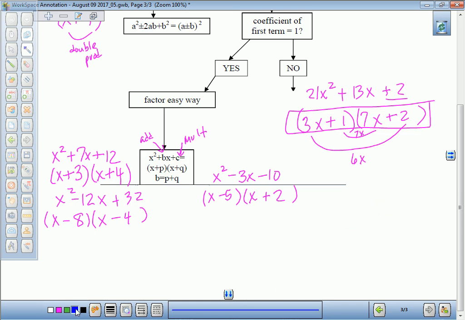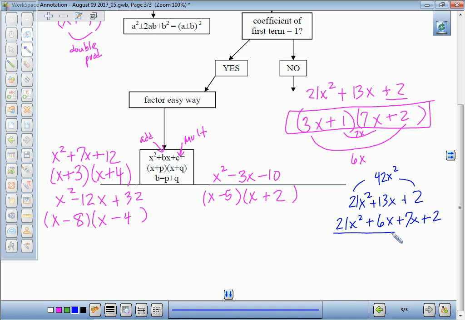If you do not remember how, or if you are not successful in that, there is a backup way of factoring. Just make sure you're very quick at this, where you multiply the first term times the last term. That gives us 42x squared. You ask yourself, what do you multiply to get 42 that you add to get 13? You would break this up into 6 and 7.